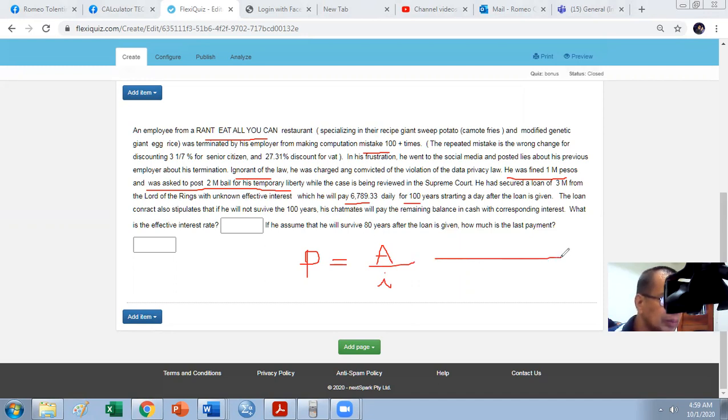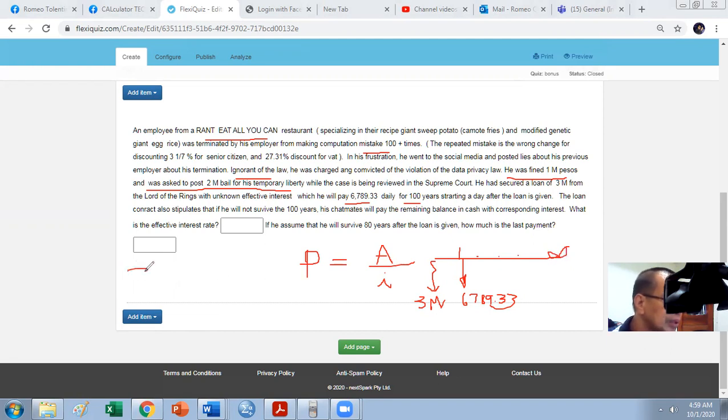So, kumbaga, ito yung 3 million, tapos yung payment mo is 789.33, 1 up to 100 years, already up to infinity na yan. Okay?